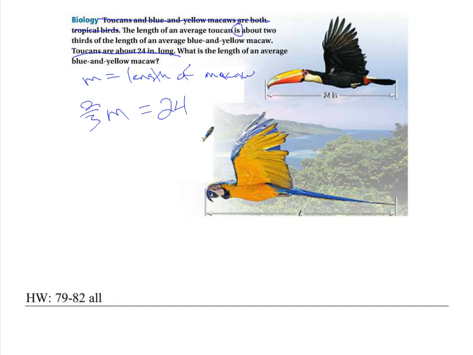And how do I solve this equation? Yeah, multiply both sides times what? The reciprocal of 2/3 is 3/2. That allows us to get this problem solved in one move, which is always nice. 2/3 times 3/2 is 1. So I get 1M, or just M, equals 24 times 3/2.